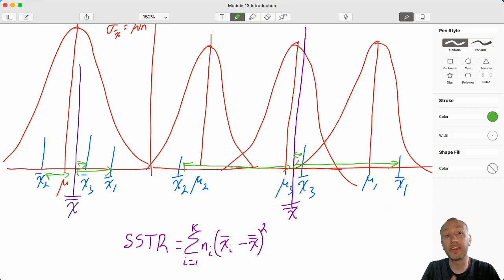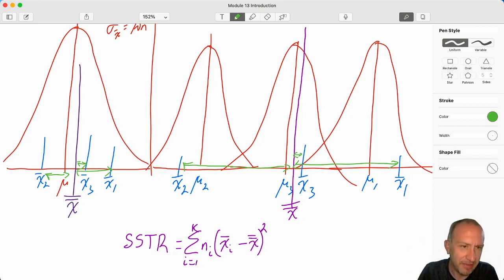But in a world where the alternative is true, those differences between sample means and the grand mean are large.